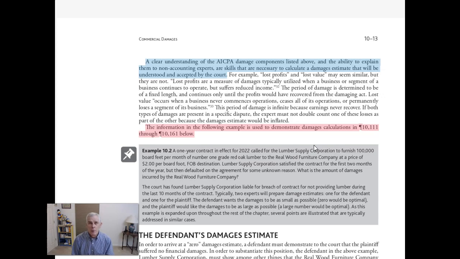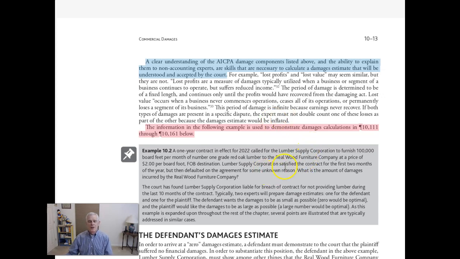It's just so important to be able to communicate what that is. So hopefully I'm clear on this. Like it says here, the ability to explain them to non-accounting experts. Whatever tools you're using, whatever assumptions you're using to come up with your opinion, you need to be able to explain that to non-accountants.